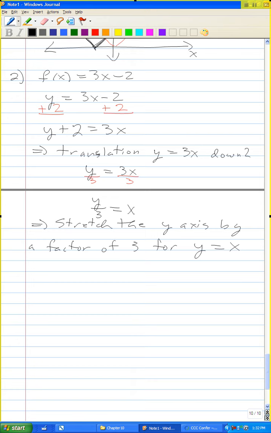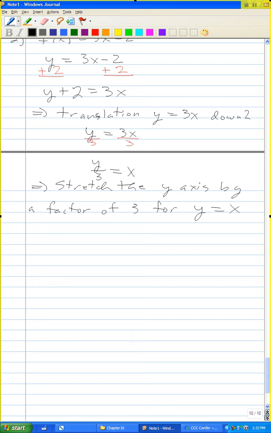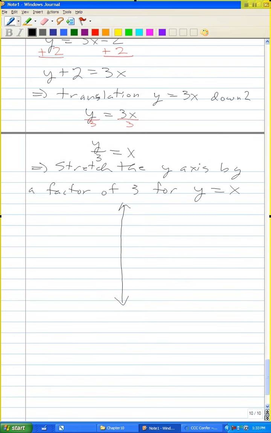Okay, so let's do this. So first start out with y equal x.